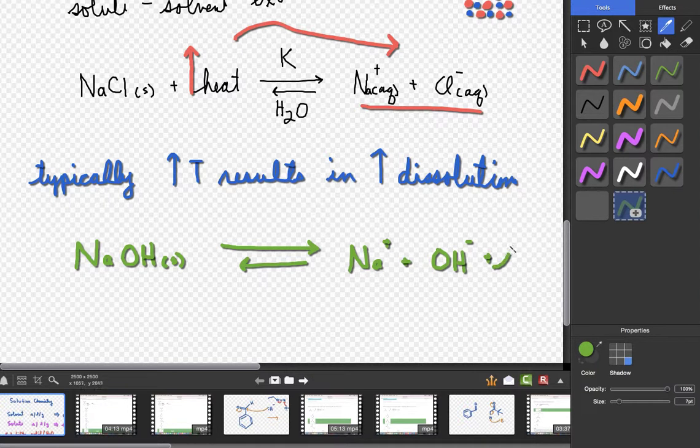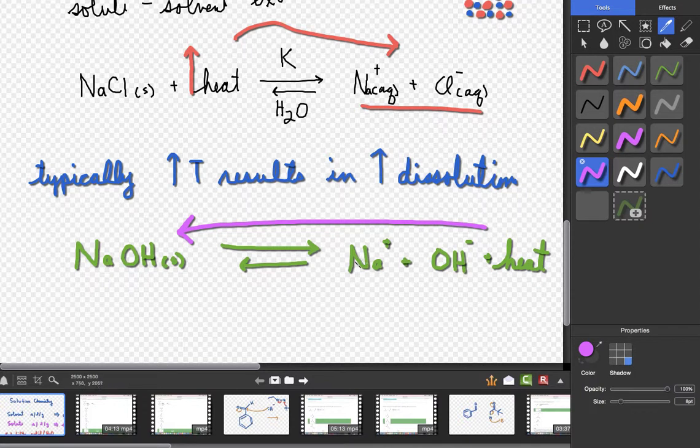And since it's an exothermic process, heat is a product. If I were to heat up this solution, less would dissolve because I would increase the concentration of heat, and then Le Chatelier's principle would predict that I would have a shift to the left.